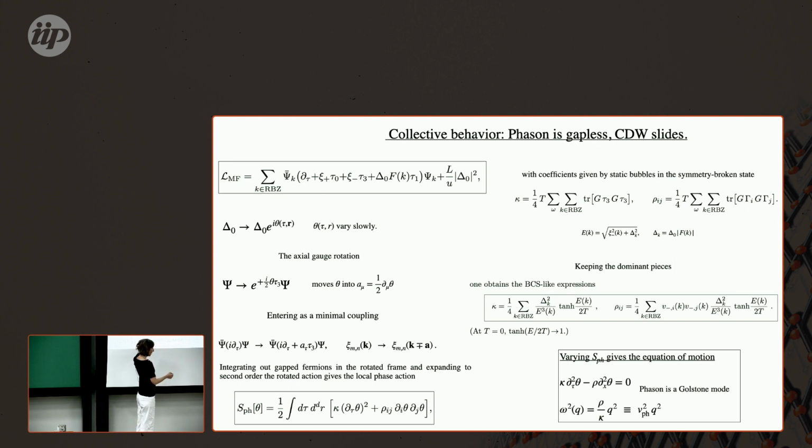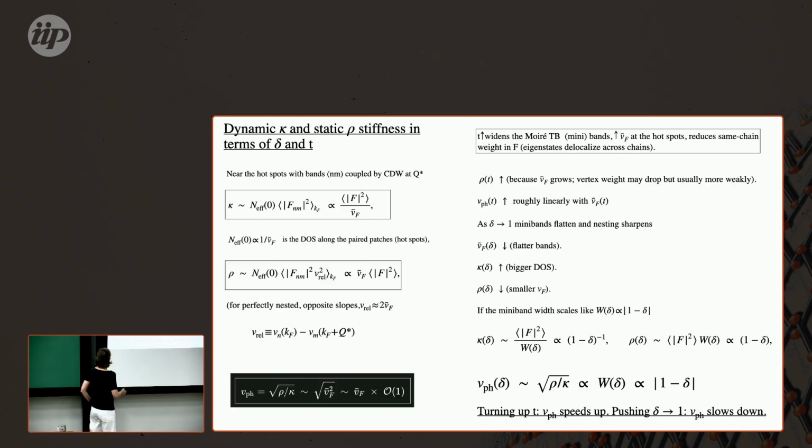And this rho is the static stiffness, that means how much energy it costs to rotate these states. So kappa and rho together define the velocity of the phason, the square root of rho divided by kappa, the speed of the phason.